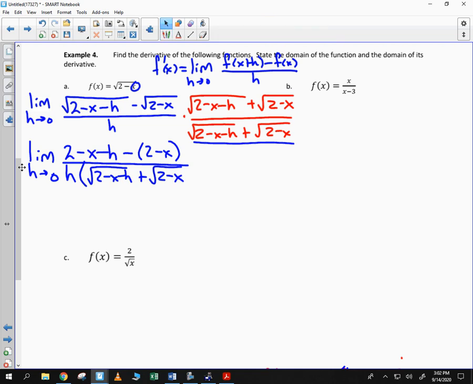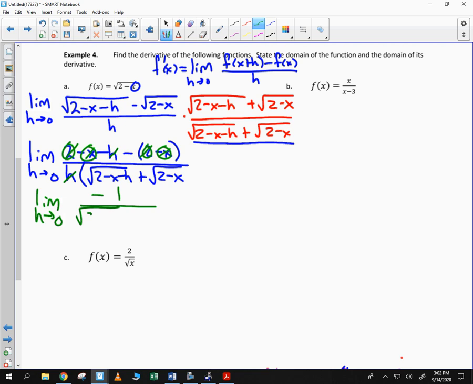You can see in this situation that the 2's cancel. The negative x and the positive x will cancel. Negative h over h will divide, and you get the limit as h goes to 0 of negative 1 on top, and on the bottom, the square root of 2 minus x minus h plus the square root of 2 minus x.